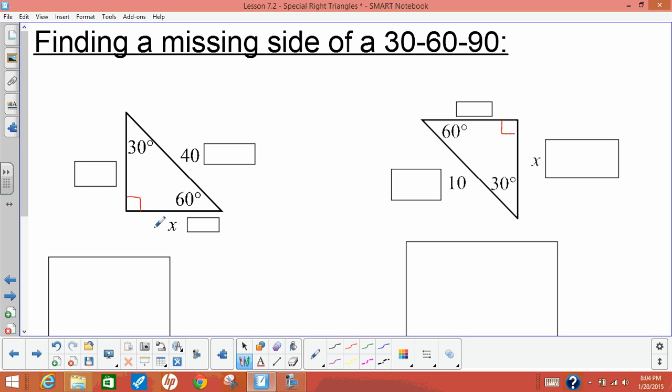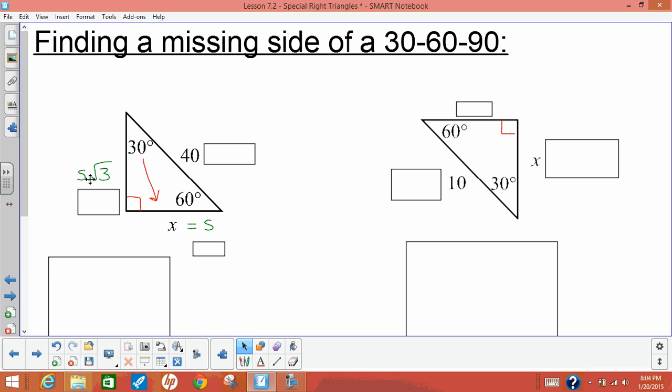Here I have a 30, 60, 90. I have that x is across from my 30-degree angle, so this is my shortest leg. So x is equal to s. 60 is across from this side, which is not labeled, so we'll just say s root 3. And then 40 is my hypotenuse, that is equal to 2 times s.